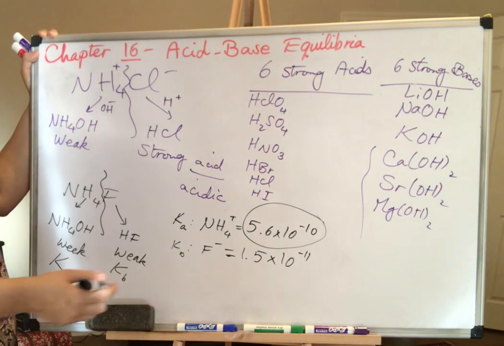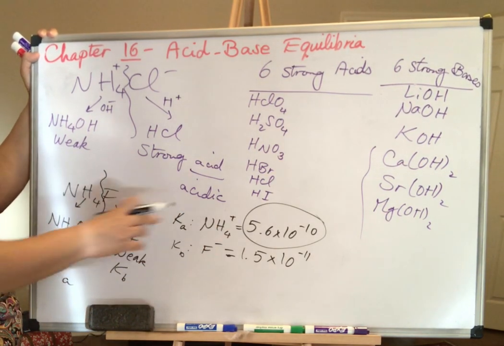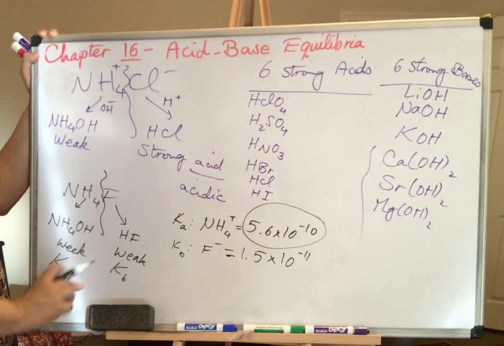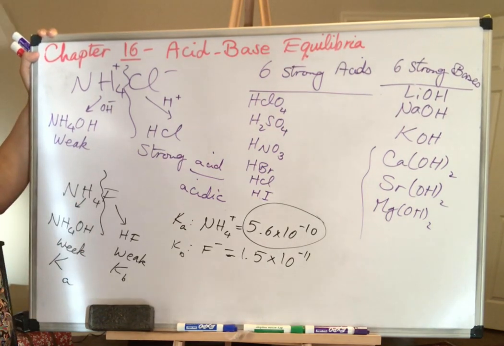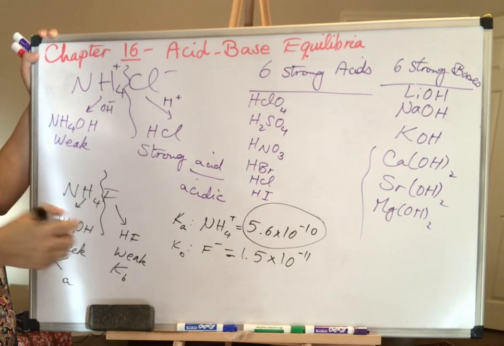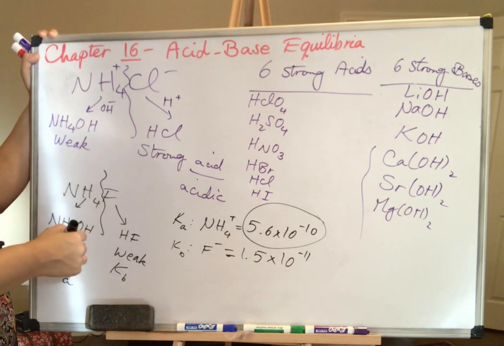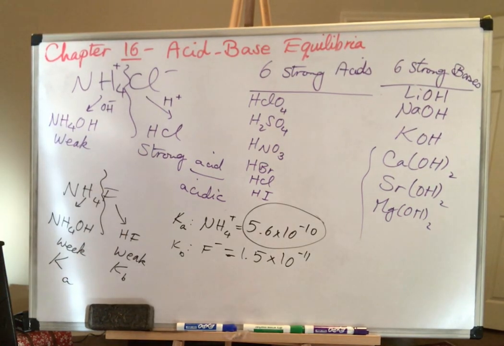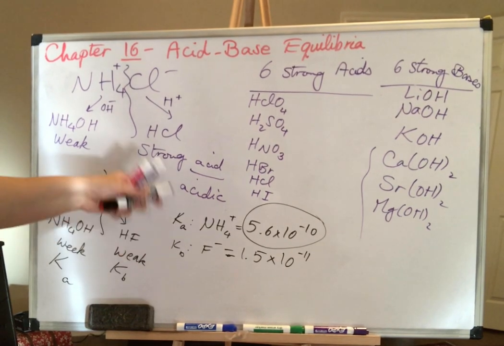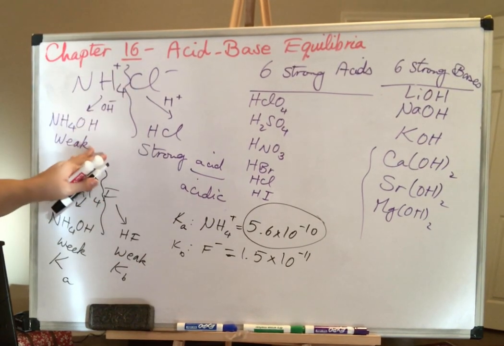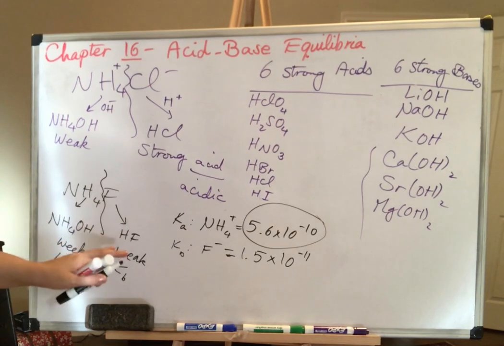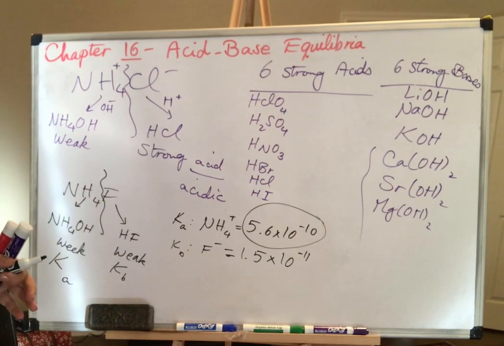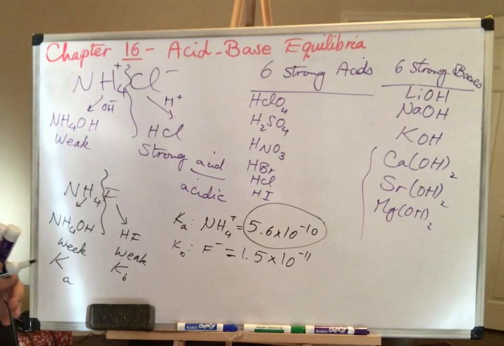So this is NH4, so this is acidic. Just keep in mind that when you end up having a weak acid and a weak base, you need to have K values.